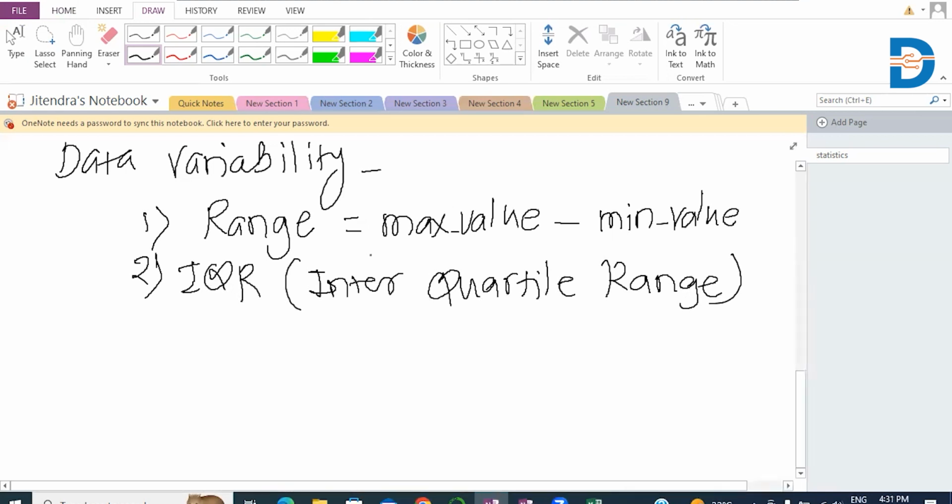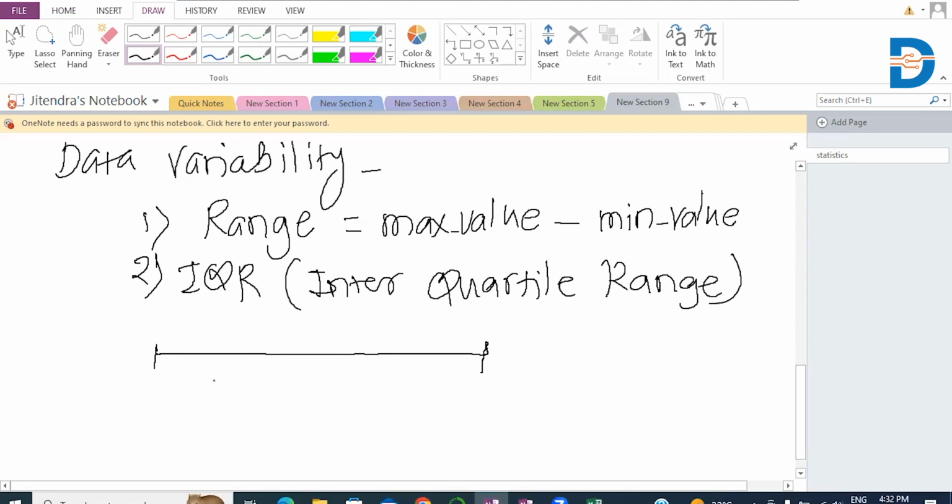Then what are the quartile values? Quartile values are nothing but the data split. The whole data is split into 4 parts, and these parts are the quartile values. For example, consider this is your whole data, 100% data.